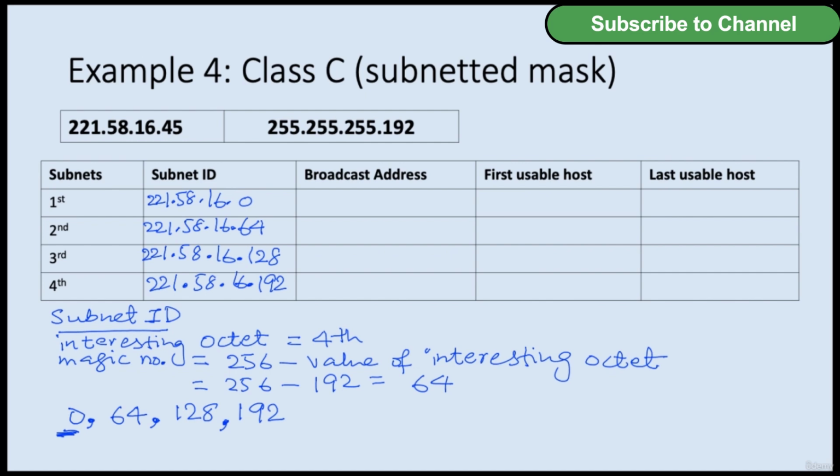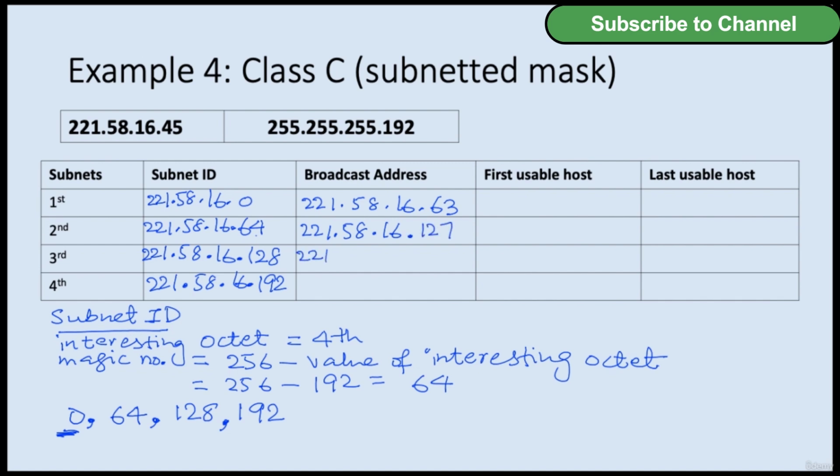Now we have to produce the broadcast addresses for each of the subnets. Magic number is 64, so we will add 63 to each subnet ID. So it will become 221.58.16.63, and this one will become 221.58.16. In this 64, I have to add 63, so it will become 127.